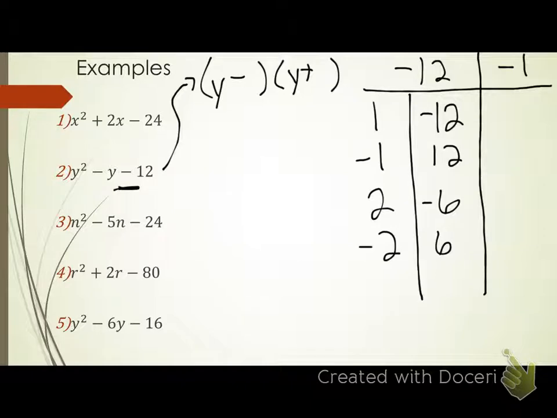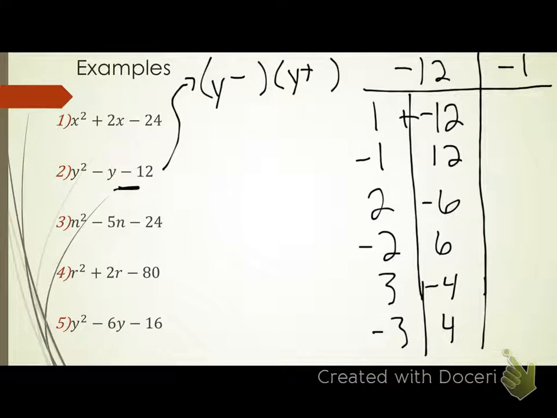Negative 2 and positive 6. Raise your hand if you give me my next two. And is that it? That is it. So start adding down or across the columns.